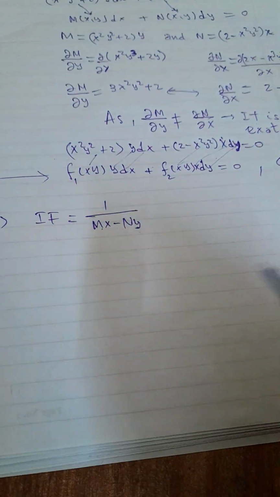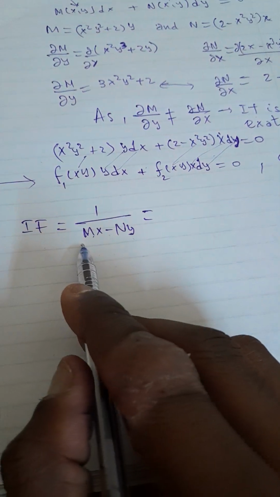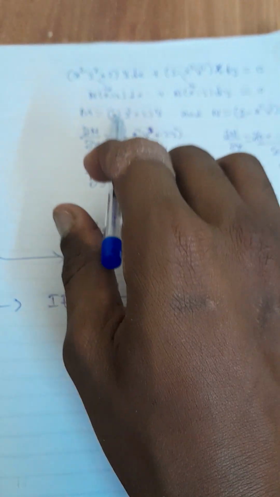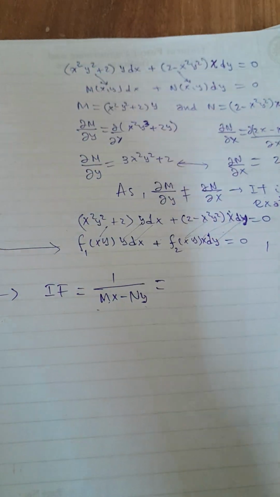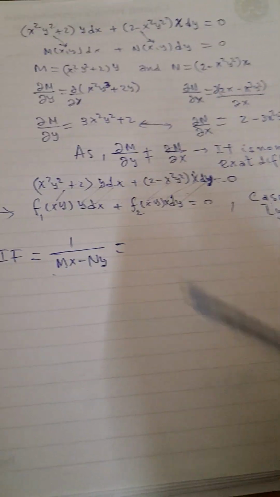Now what you have to do, you know what is m. M is x squared y squared plus 2 times y. You know what is n. Just substitute.